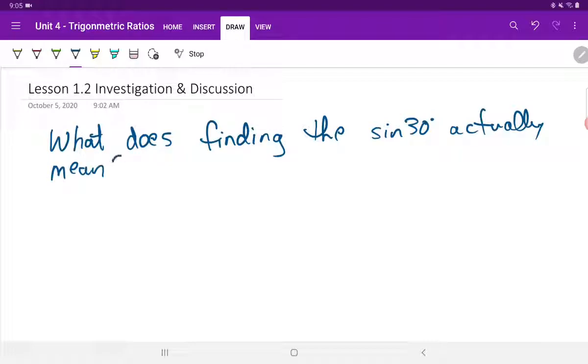All right, so I want us to think about that for a second. What does finding the sine of 30 degrees actually mean? Okay, and this deals with a right angle triangle, of course. So if I were to draw a right angle triangle, and let's say this was a 30-degree angle, what does finding the sine of 30 actually mean?